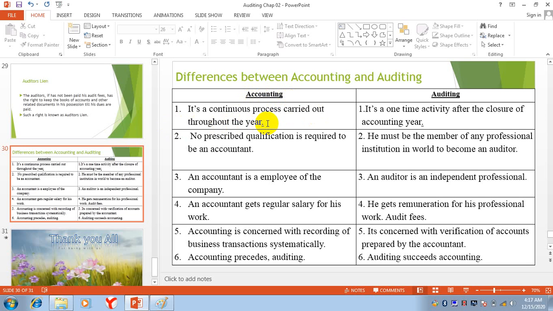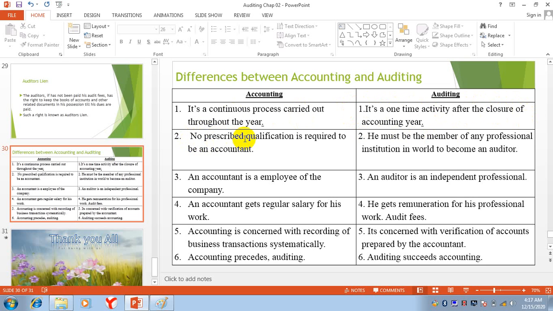The work of the accountant is carried out on a daily basis. But auditing is a one-time activity after the closure of the accounting year. When the year closes and the books of accounts are closed, the auditor will come and do the audit. So this is the main difference between these two.